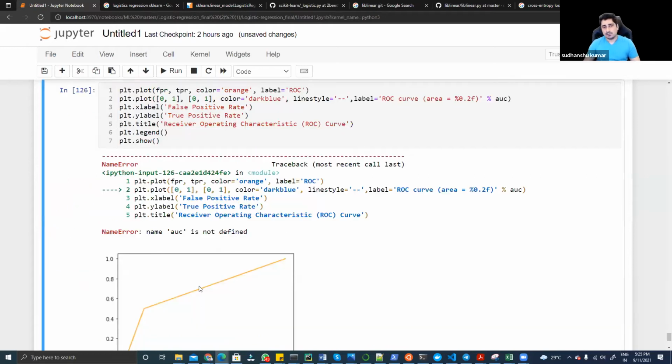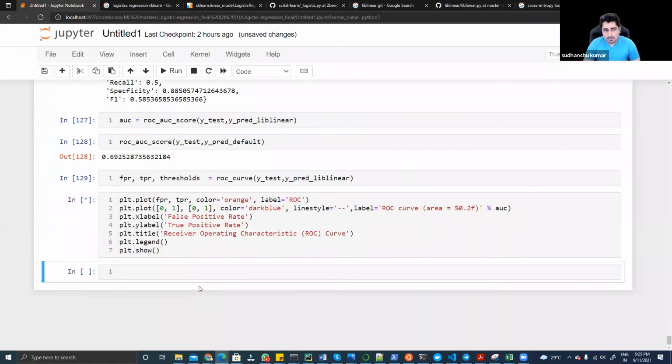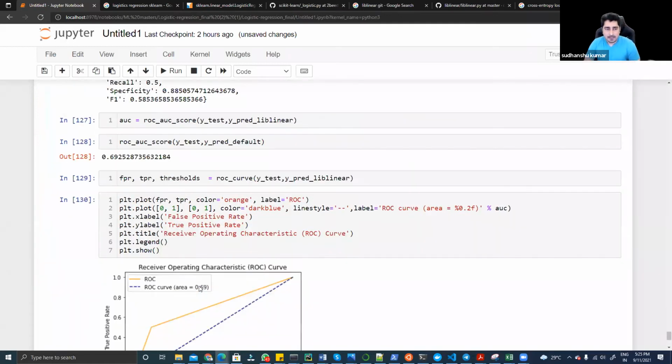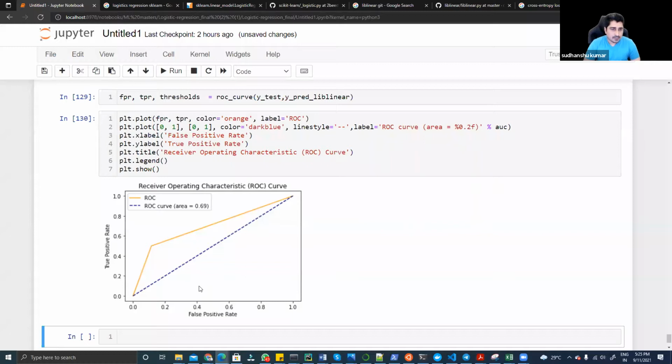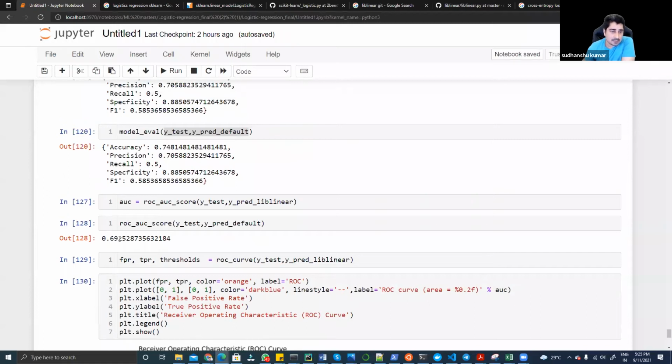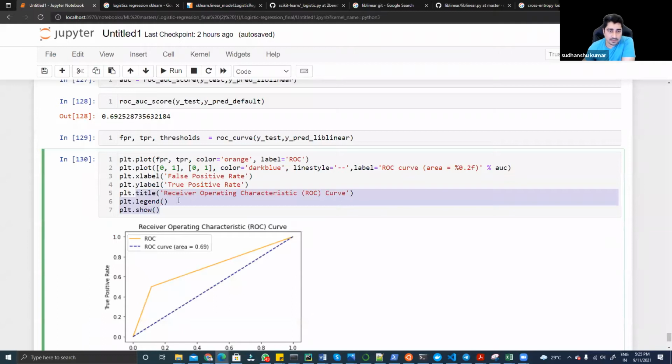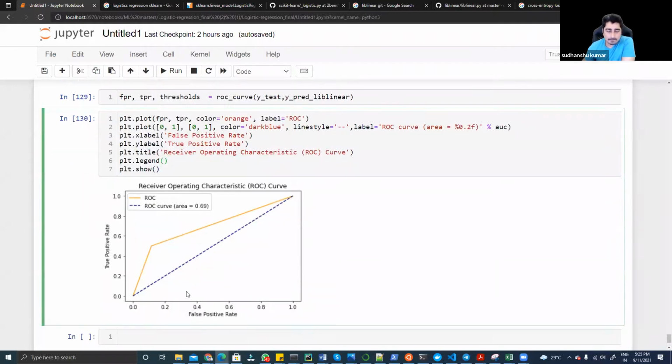Yeah, so this is the graph by which we are able to find out what is ROC, and what is the ROC curve area, which is 69%. And exactly this is the same result that we are able to see. So we are able to find out even our ROC.